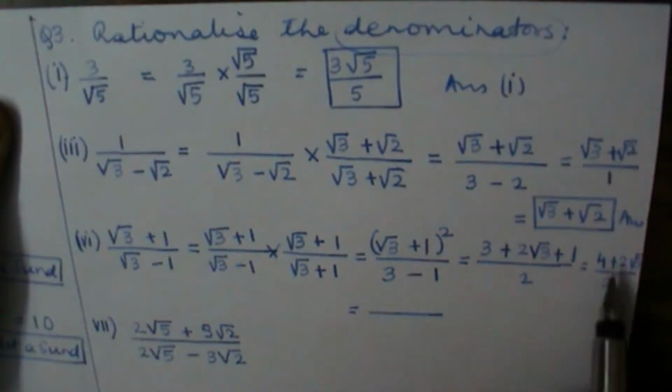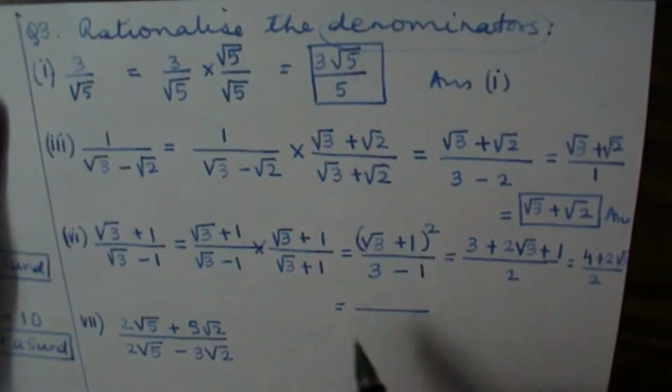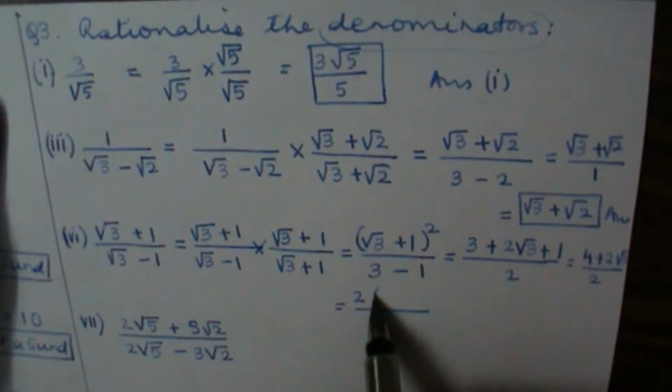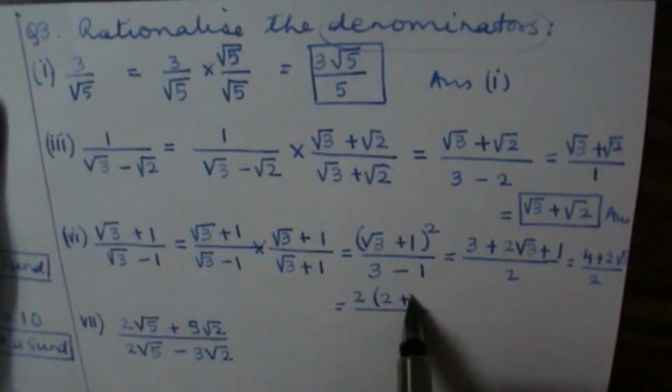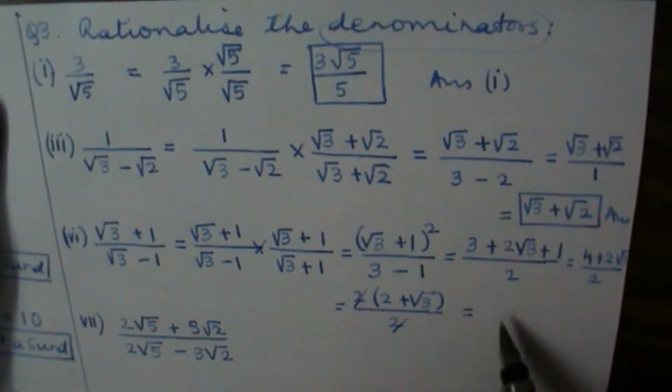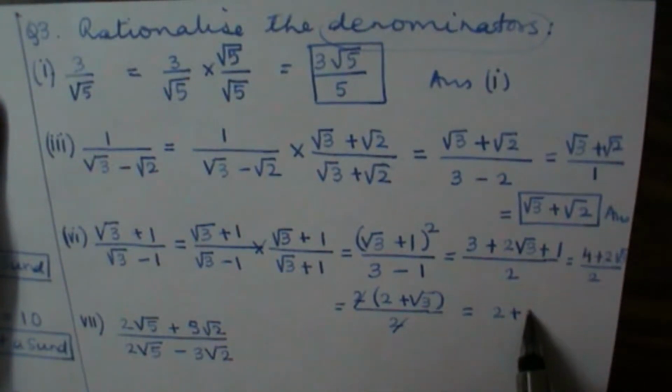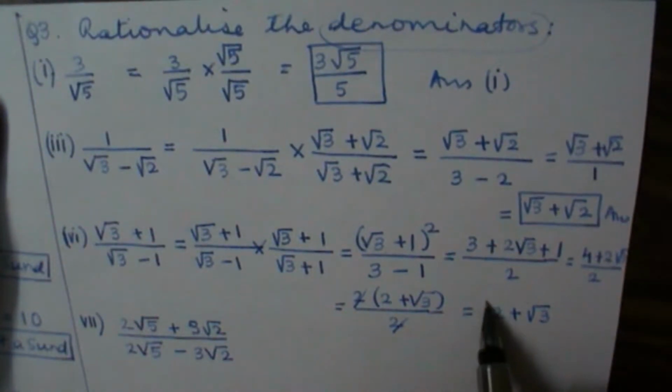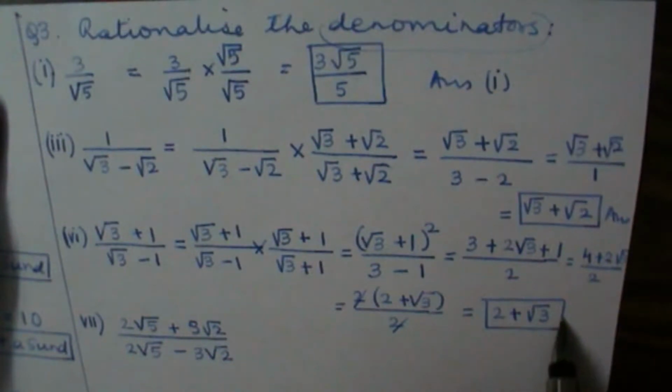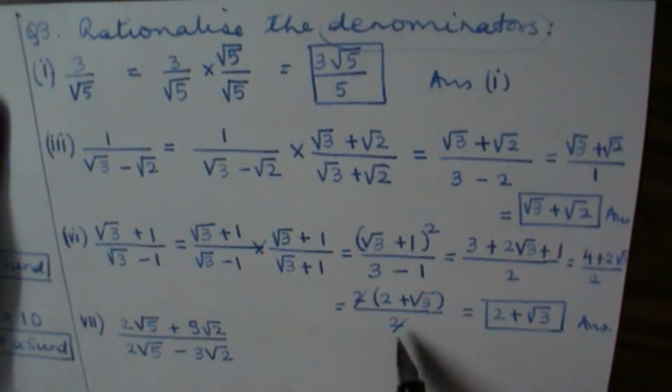In the numerator there is 4 here and 2 here, so it becomes 2 into bracket 2 plus root 3 upon 2, which got cancelled, and it will be 2 plus root 3, and that is your answer. Denominator is upon 1. It has been rationalized.